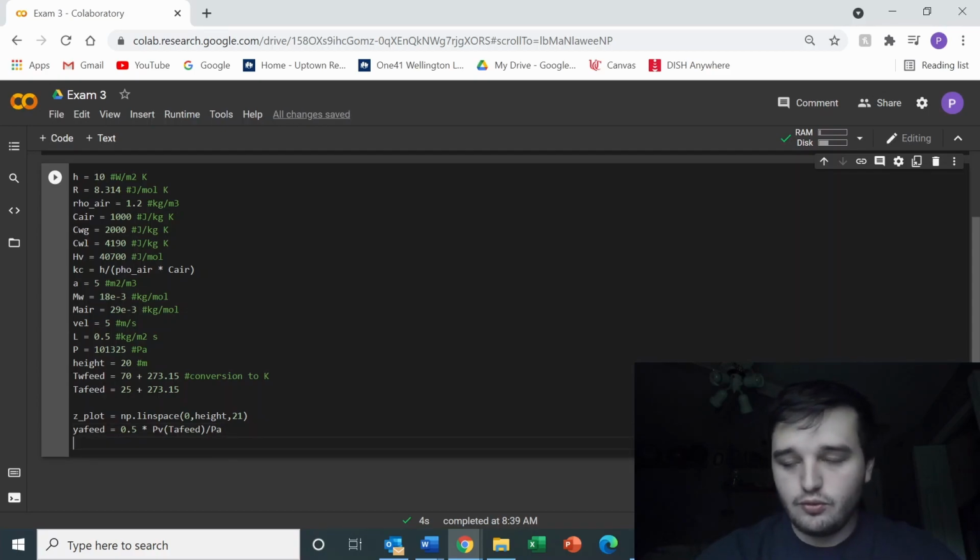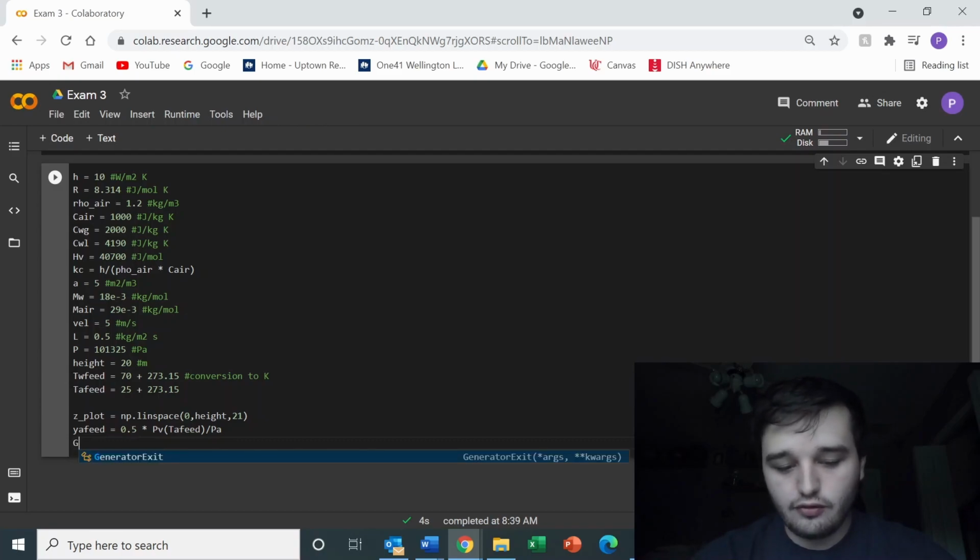We also need to know the gas flow rate of just the air, whereas in the past parts we have done the flow rate of everything, the entire feed. We just want the flow rate of the air now.